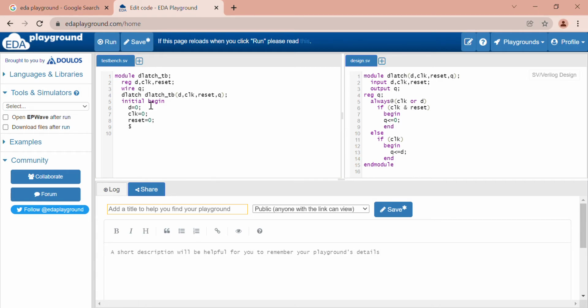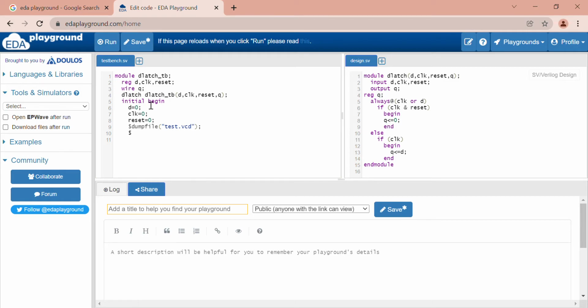Then $dumpfile, for our output waveform we are giving this test.vcd. This $dumpfile is used for showing the output waveforms.